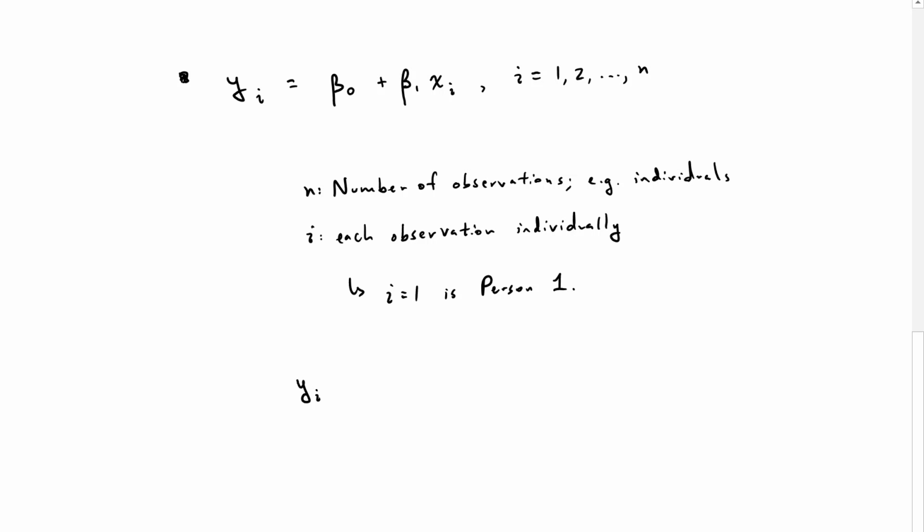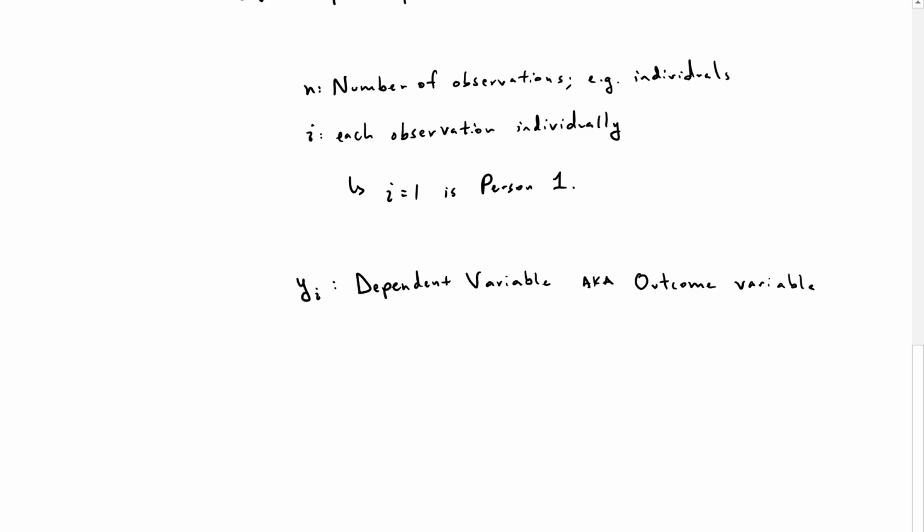yi is our dependent variable, sometimes called the outcome variable. Okay, that could be something like one's health, if we're going to use the same idea from the random assignment chapter.